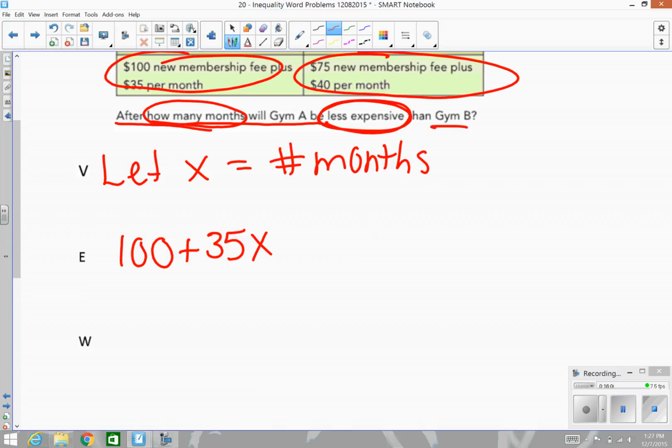And for gym B, he's going to pay 75 plus 40 times the number of months. And what we want is for gym A to be less than B. Initially it's not going to be because he's paying more money up front. But because the monthly payment is less, eventually this one becomes worthwhile.